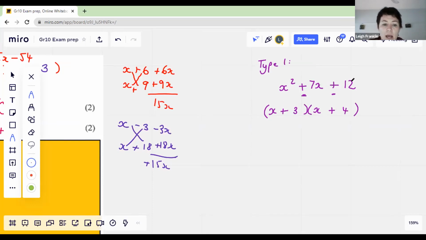Okay. Then we've got another type. Okay, so let's do this in a different color. We've got type number 2. And here, I can still use this one. The middle term is now negative. Can you see how the middle term here, when I say the middle term, I mean the x term, it changed sign. So when the middle term is negative and the last term is positive, both brackets are minus.